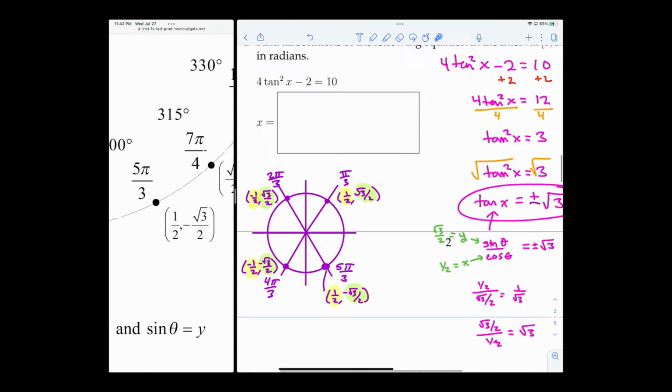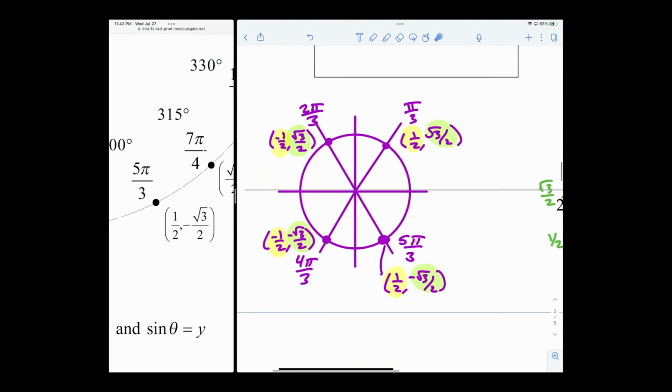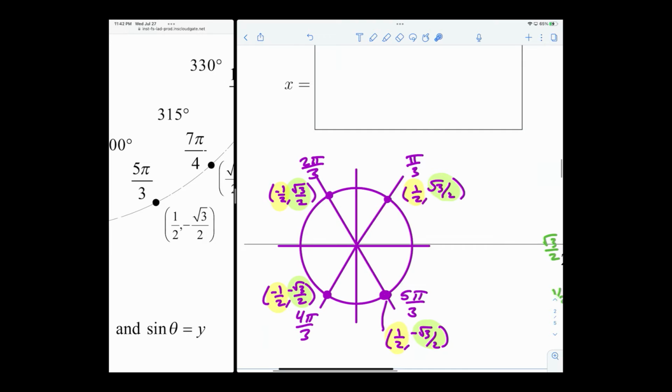So you do all that work, we look at the unit circle, and the 4 places that I just boxed there, those are the angles where you're going to get that square root 3 for the tangent. Tangent is the hardest one, right? But so what do we have? Pi over 3, 2 pi over 3, 4 pi over 3, 5 pi over 3.